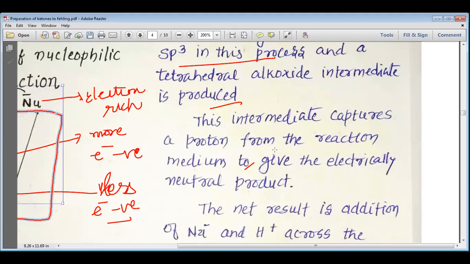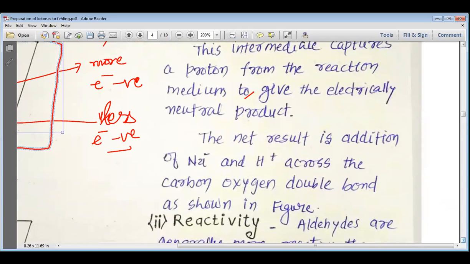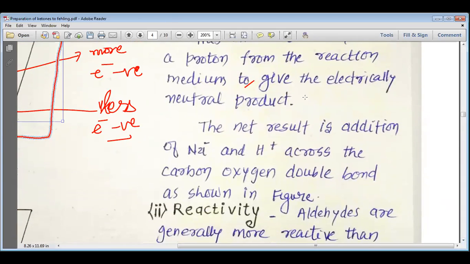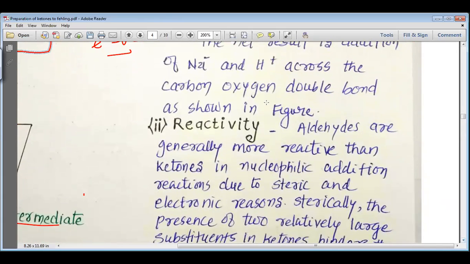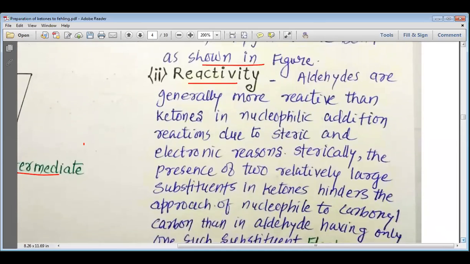This intermediate captures a proton from the reaction medium to give the electrically neutral product, in which the carbon is bonded to the nucleophile and oxygen is bonded to hydrogen. The net result is addition of the nucleophile and H plus across the carbon-oxygen double bond, as shown in the figure.